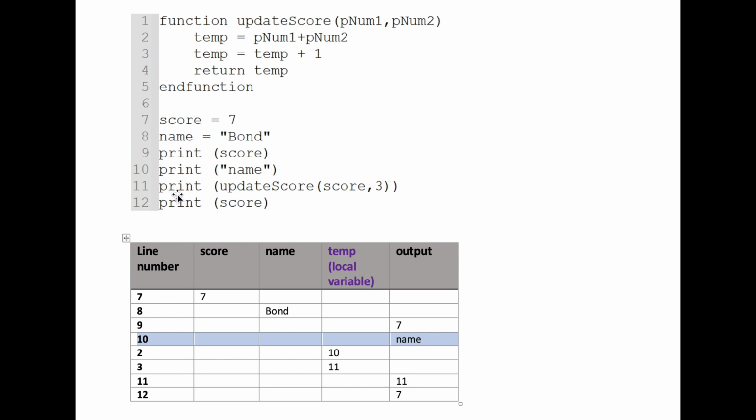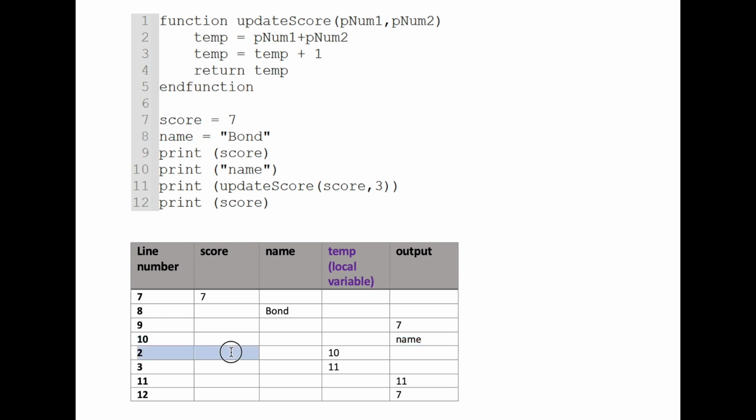Then we come across line 11, which is calling the function update score. So we jump up to update score by sending it two parameters, score of 7 and the number 3. The 7 will go into pnum1, the 3 will go into pnum2. We add the 7 and the 3 and we put that into a local variable called temp.